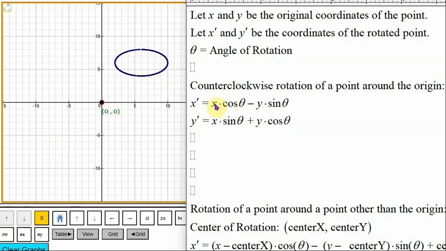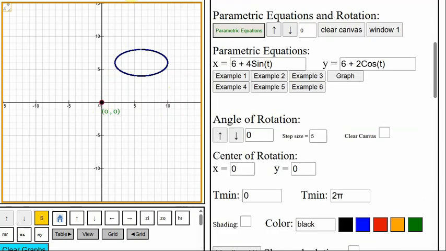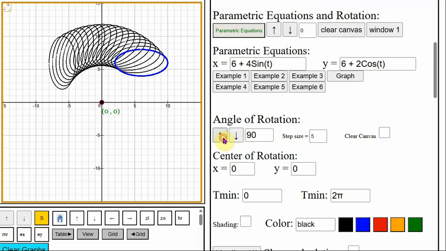So x, y would be the points on this ellipse, and then x prime, y prime would be the points on the rotated ellipse, and then theta here would be the angle of rotation. The center of rotation once again is at the origin, and here the angle of rotation is 5 degrees, and so we get all of these rotated ellipses.